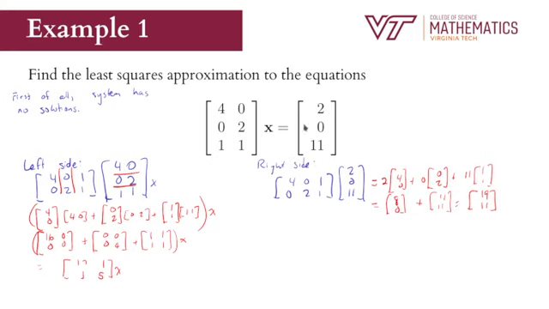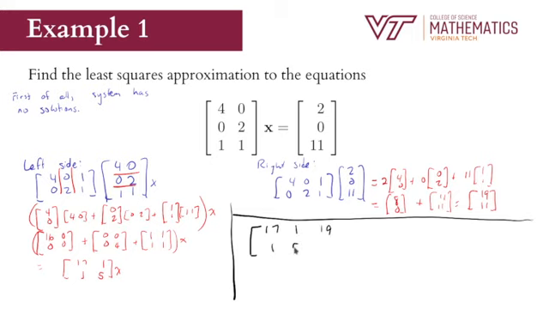All right, so our last step is we want to solve this system, [17 1 | 19; 1 5 | 11]. We can switch rows. So that would give us 1, 5, 11 on the top row, 17, 1, 19 on the bottom row.